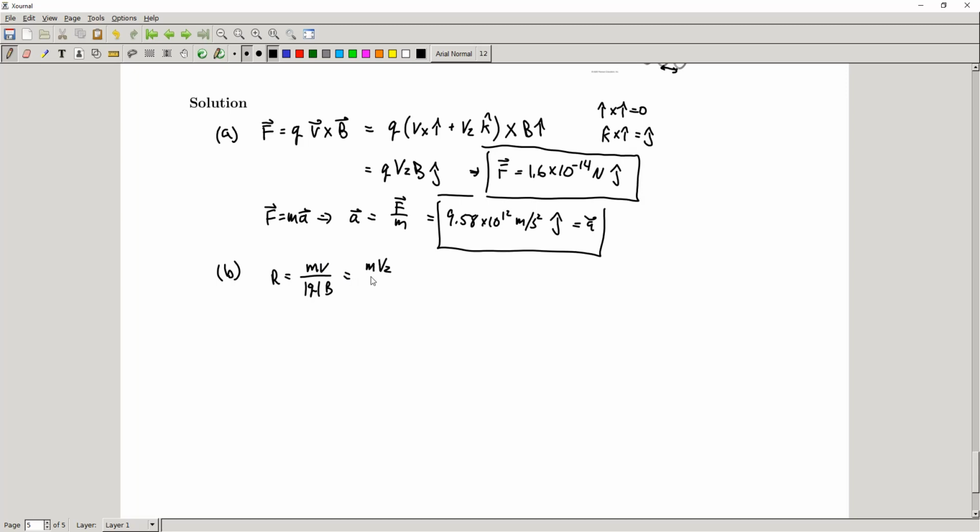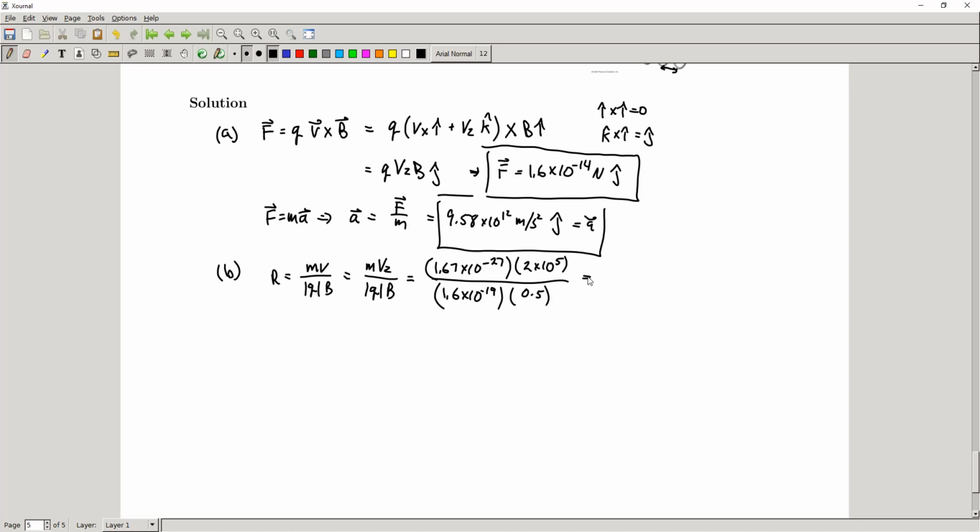It's going to be m vz over qB, okay? And we can just substitute in values for that again. This is going to end up being 1.67 times 10 to the minus 27. That's our mass. This is our vz. And in the basement, we're going to end up with our charge and our magnetic field is just 0.5 Tesla, right?